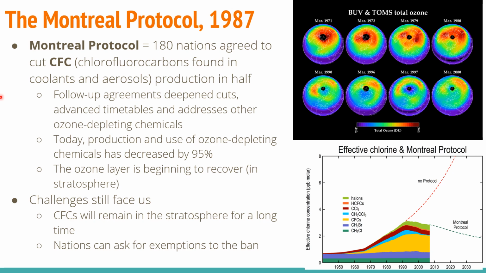And just following up with here, initially they were cutting production in half, and then follow-up agreements deepened the cuts, advanced timetables, and addressed other ozone depleting chemicals, so not just CFCs. And today, the production and use of ozone depleting chemicals has decreased by 95%. And the ozone layer is beginning to recover. So you could see in the stratosphere, in the picture on the top right, it has been healing.